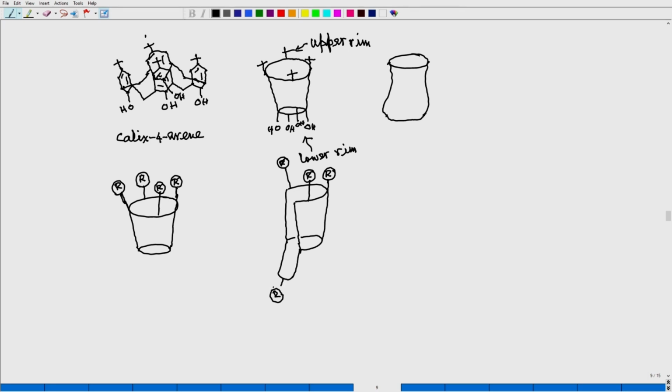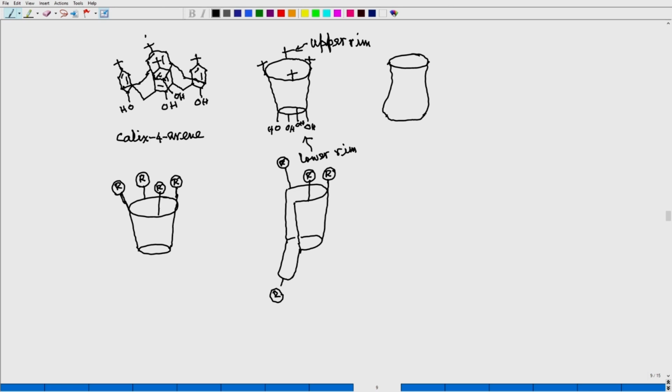This one is there. So, one of these can invert and come down like this. Okay. They can easily come like that, and that happens at room temperature.